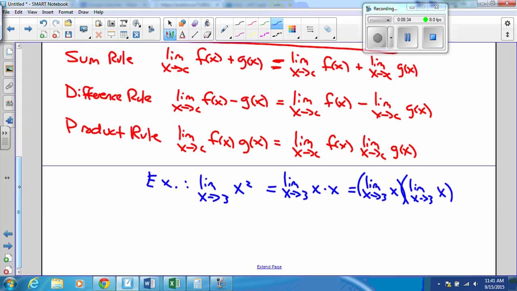Here's my product rule for limits. And now I have two same linear functions. What is the limit as x goes to 3 of x? It's 3. That's a linear function, and I can evaluate that by direct substitution. So that I get 3 times 3, which is 9.